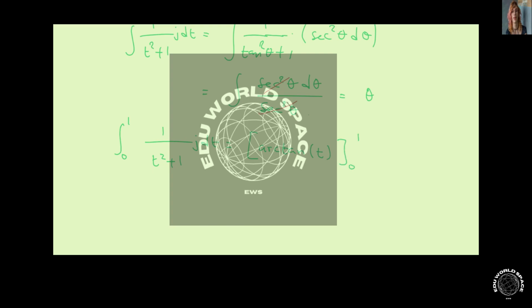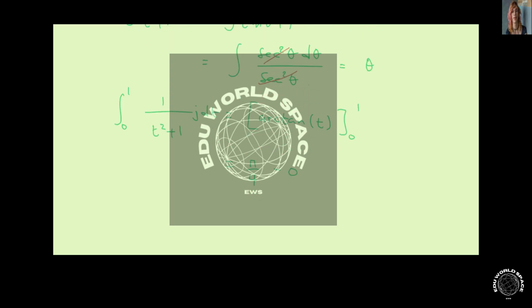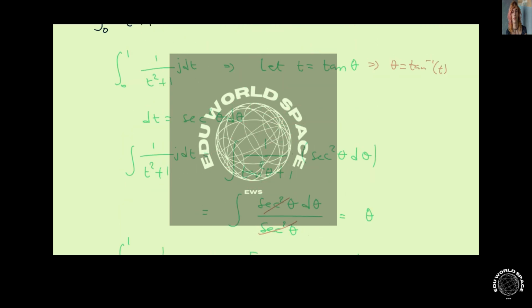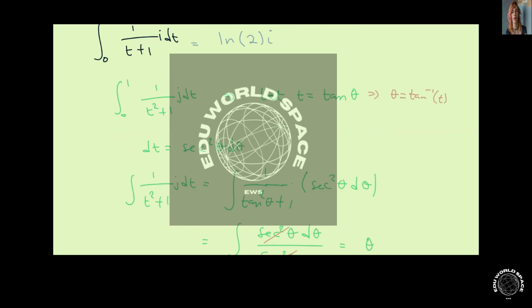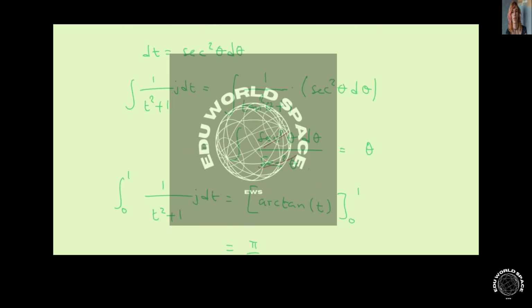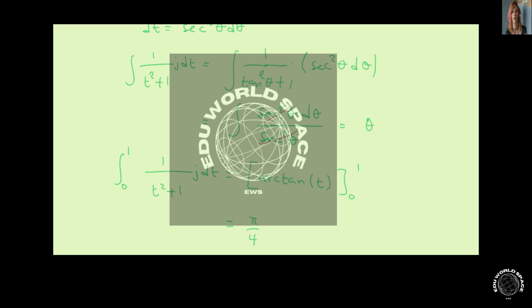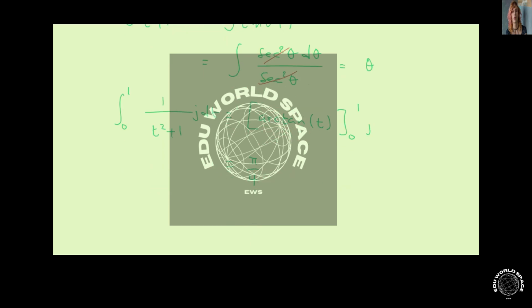So here we have arctan of t evaluated from 0 to 1. So we have tan inverse of 1, which is pi on 4, minus tan inverse of 0, which is 0. So we are left with pi on 4 for this part. So we have evaluated the first one, which gave us ln 2 i, and this time we would have, let me not forget the j, pi on 4 j.